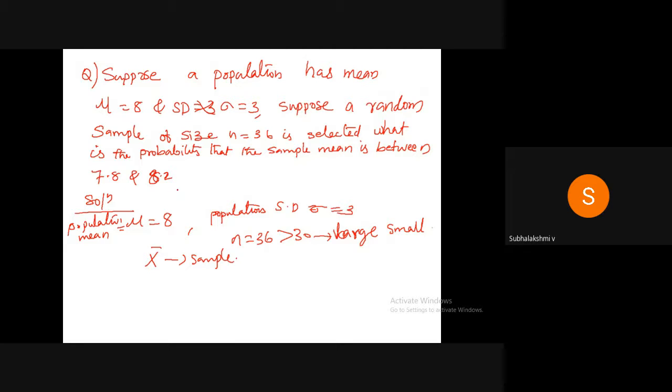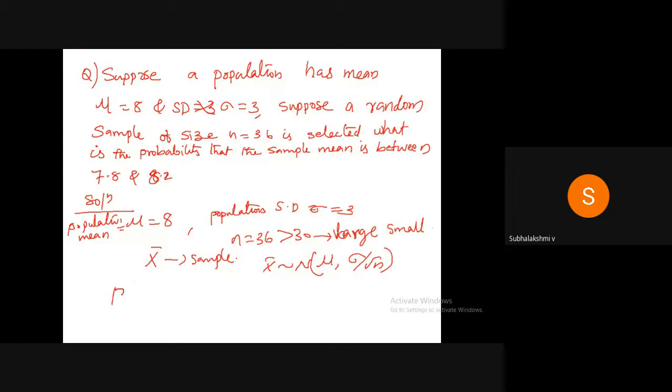For a large sample, the sample mean tends to a normal distribution by the central limit theorem. X bar tends to a normal distribution with mean mu, the population mean, and standard deviation sigma by root n.